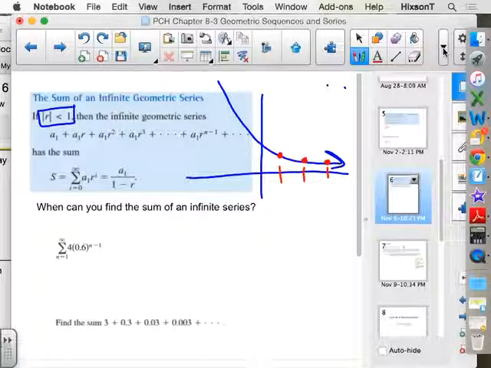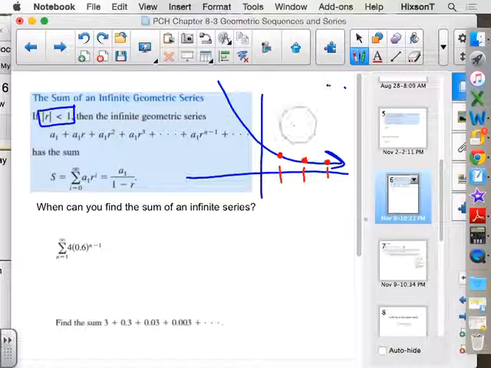If you have a negative r, however, remember what happens to the terms because r is negative. The signs alternate, from positive to negative.